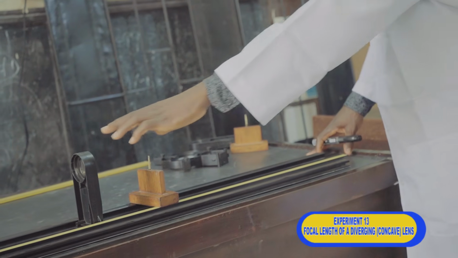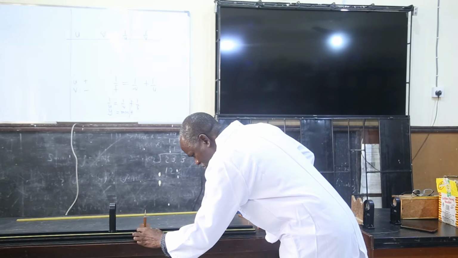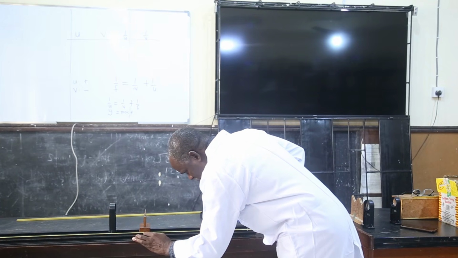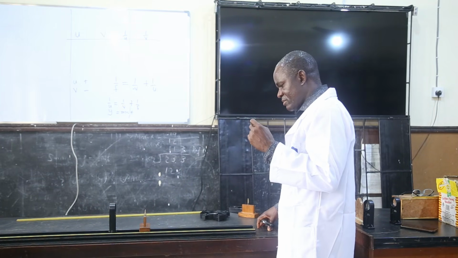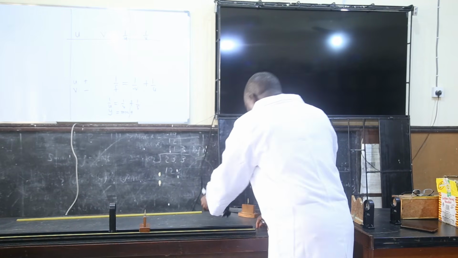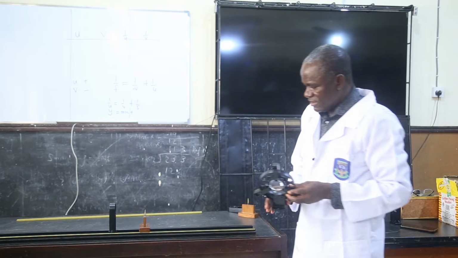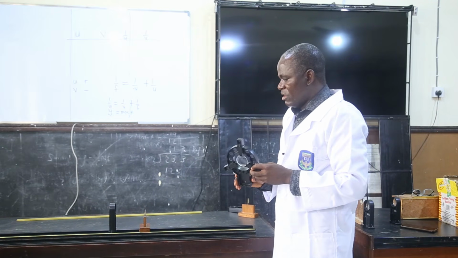I ensure that I don't change the position of the mirror as well. So that is to be recorded. So I've done that. You have to record that as position C. Now the next thing is to introduce a concave lens in between this position and the mirror.